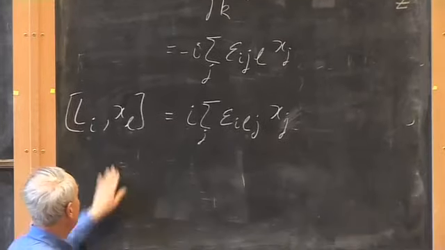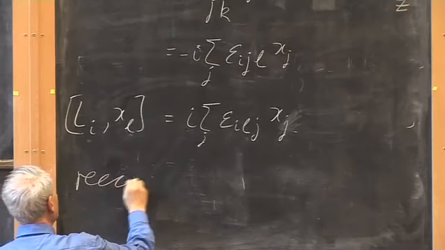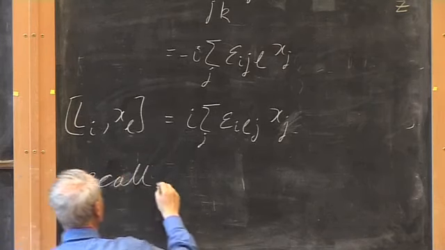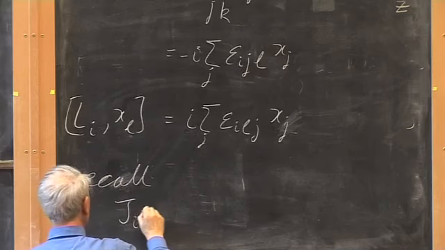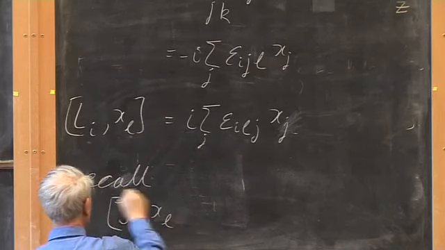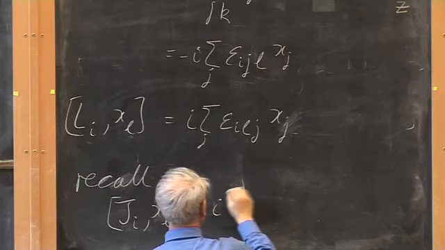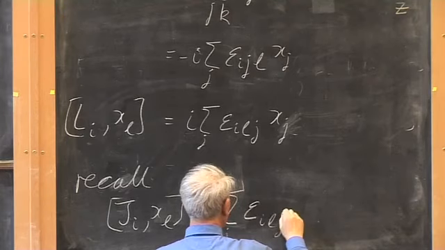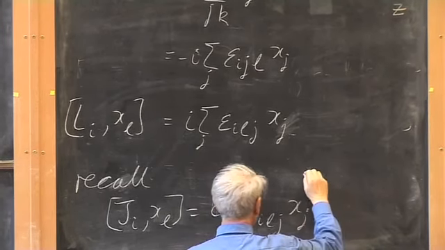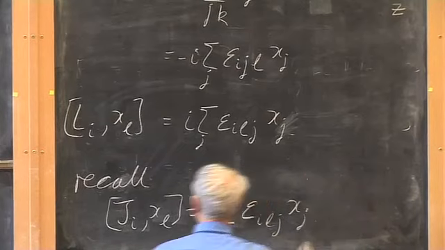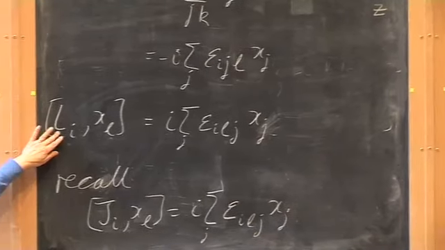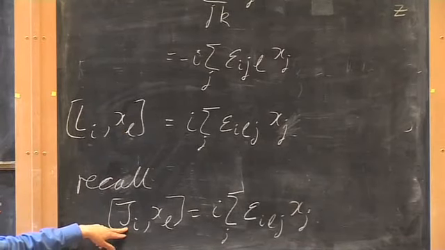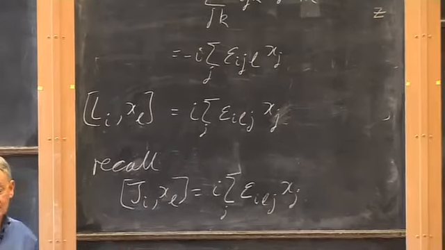Now this is exactly the same as a result we already had. So we need to recall at this point that the commutator of Ji with xl is equal to i sum over j epsilon ilj xj. So the commutator of this orbital angular momentum operator with this position operator is the same as the commutator of this total angular momentum operator with the position operator.